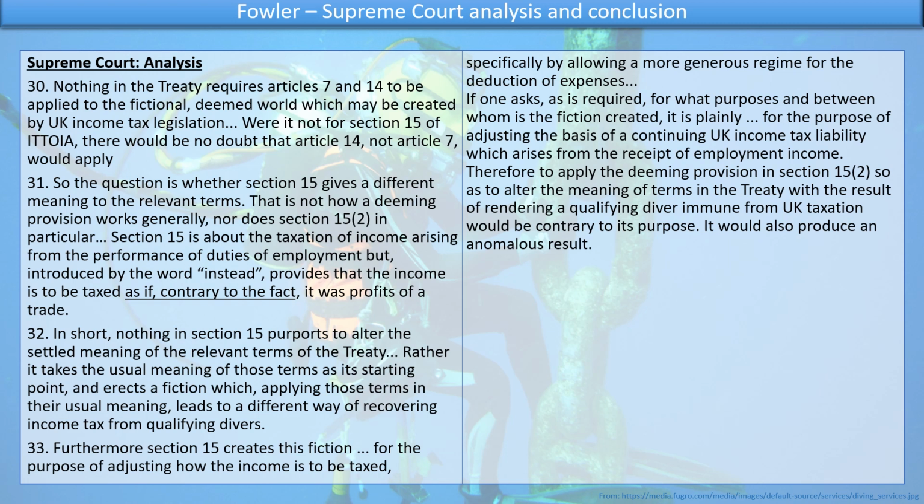Furthermore, Section 15 creates this fiction for the purpose of adjusting how the income is to be taxed. Remember that the dissenting judge also talked about not who is to be taxed, but how it is to be taxed, right? Or who can tax, but who is to be taxed. And then it says it does so for the purpose of specifically allowing a more generous regime of deduction of expenses. And this is what the Supreme Court decides, and I can see the logic of that.